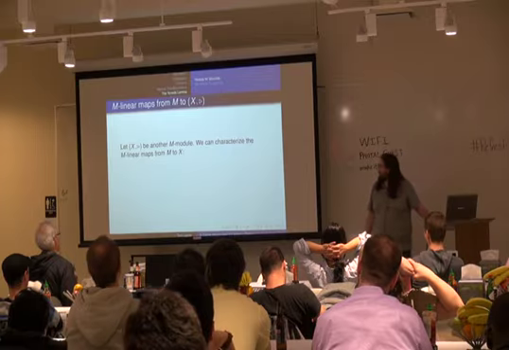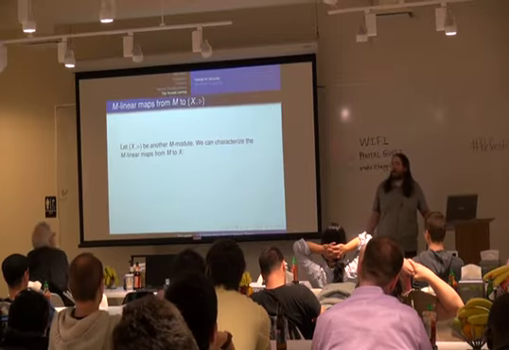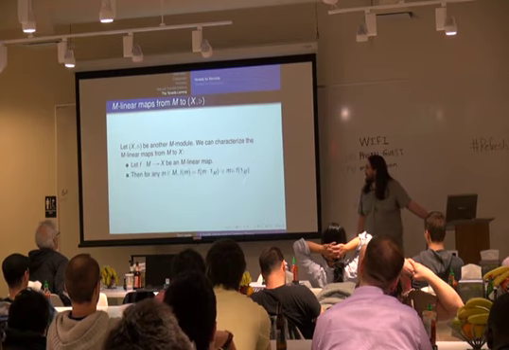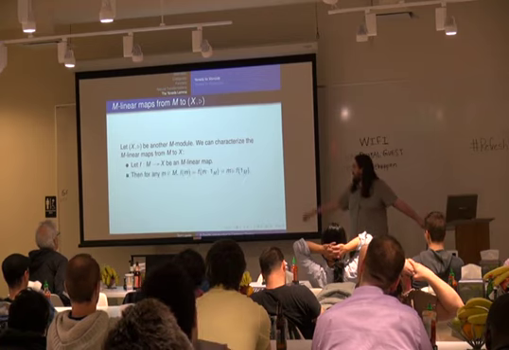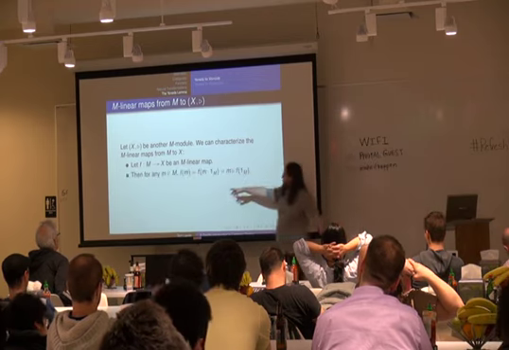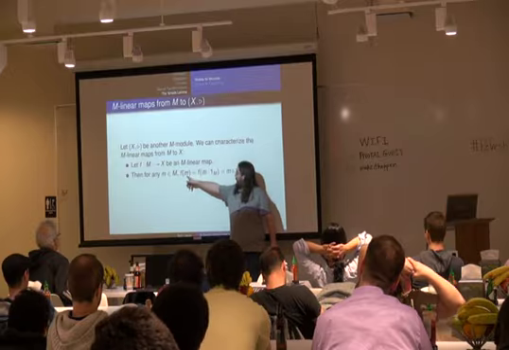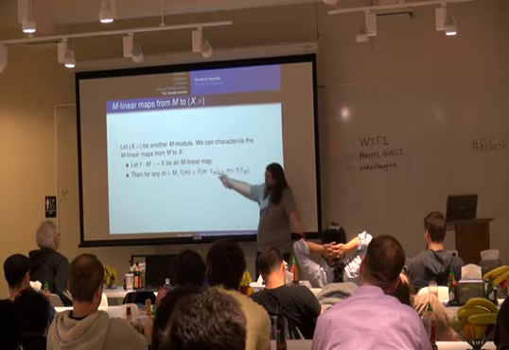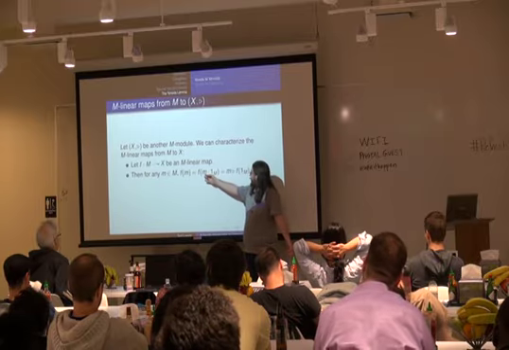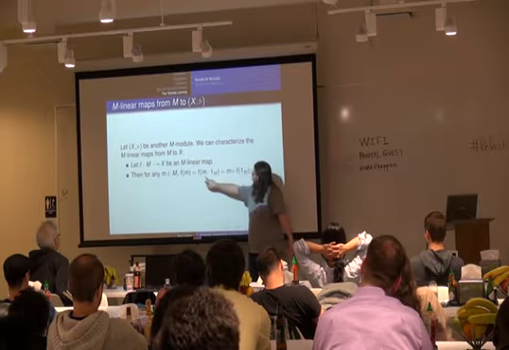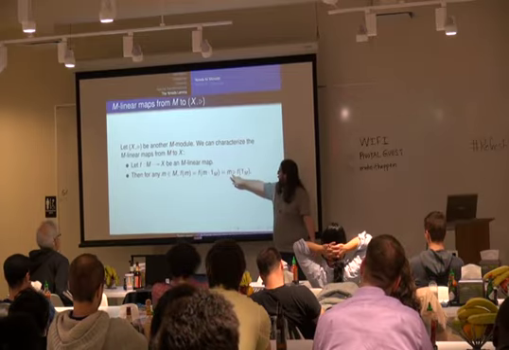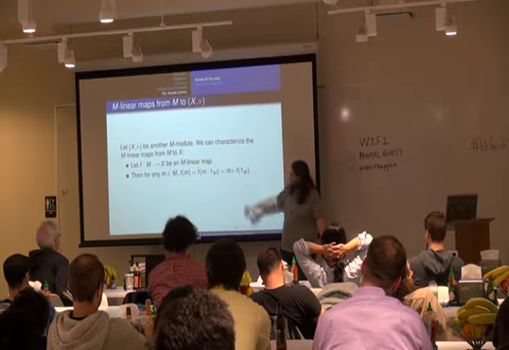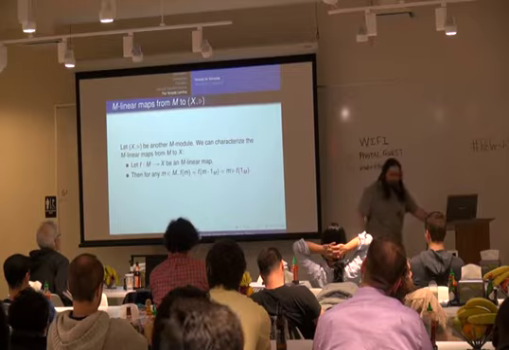If I've got another module, I can look at all of the M linear maps from the module M to the module X. So if I've got a linear map F, then given any element m, well, m is just the same as m times the identity in M, because that's just how multiplication in monoids works. And since F is linear, I can pull the multiplication out into the multiplication in X and just have m times F of the identity.